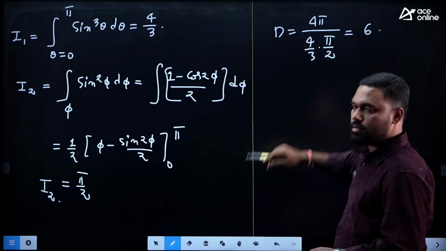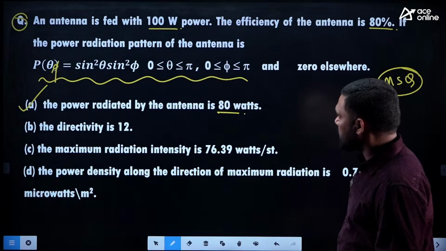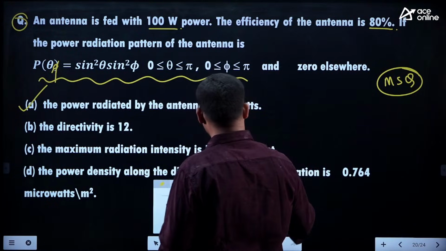So this is 6. Correct? Fine. So once you got this directivity, what is mentioned in the question, directivity is 12. It is wrong. Directivity is 6.